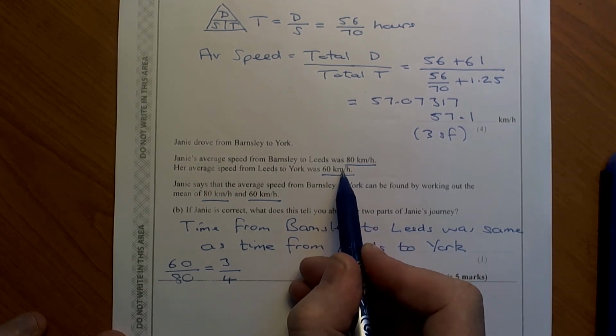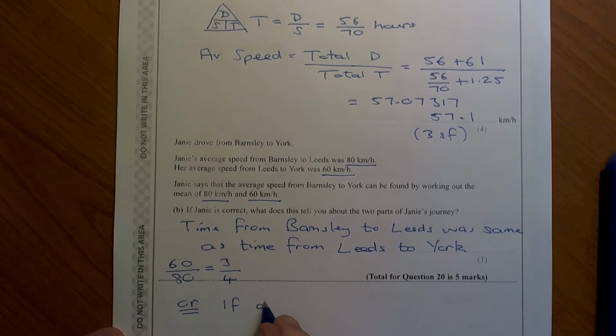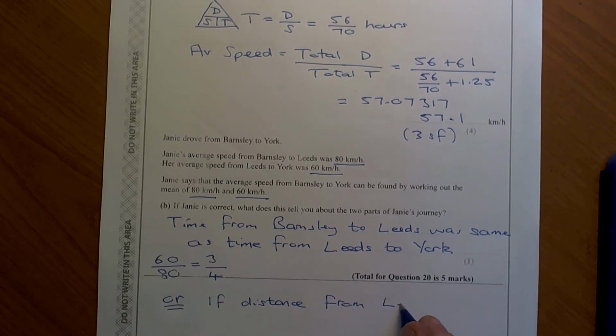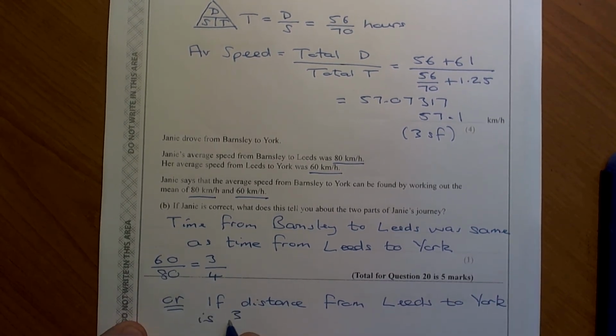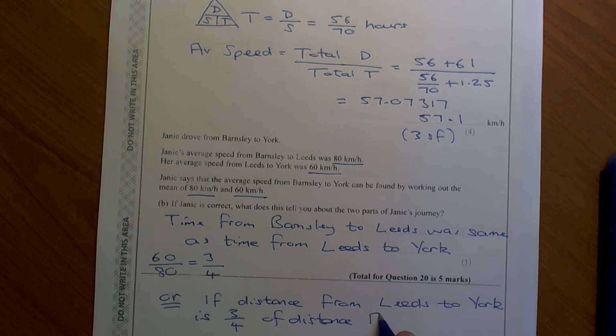So the other answer would be if the distance from Leeds to York is 3/4 of the distance from Barnsley to Leeds.